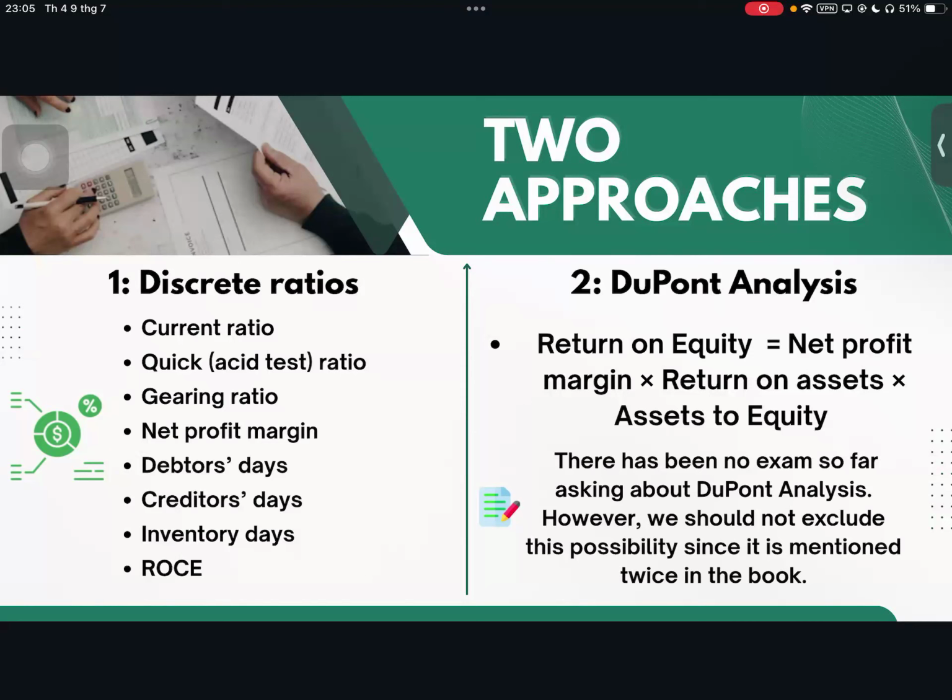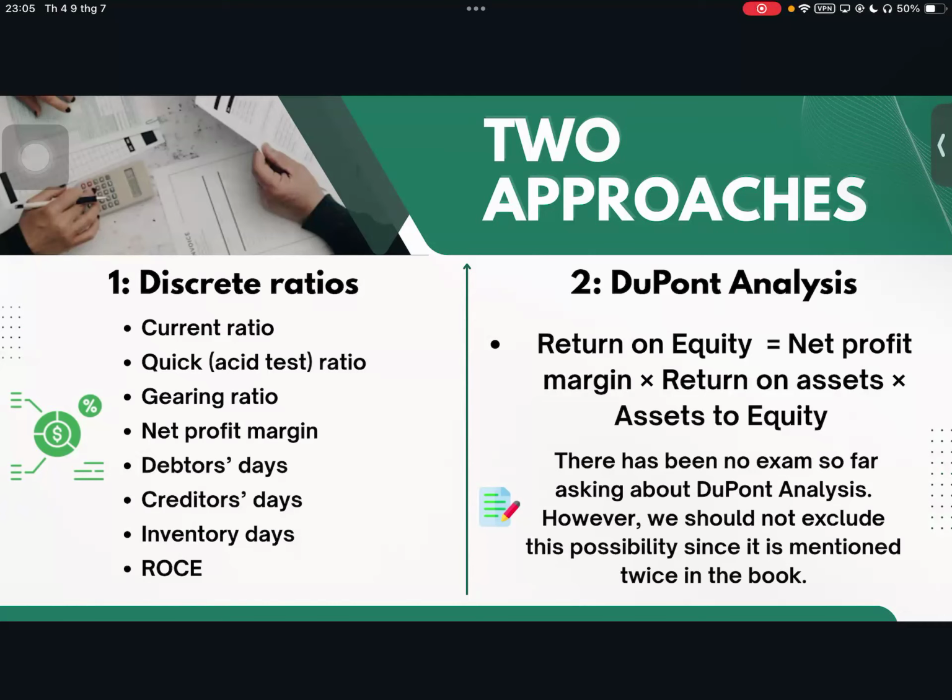Then we have the gearing ratio, net profit margin. But in level 5, they also introduce more ratios. The ratios to measure the efficiency, like the debtors days, creditors days, the inventory days, or stock days, and return on capital employed. We can abbreviate that into ROCE.